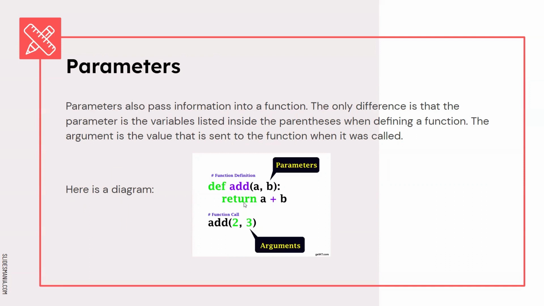You can see a little diagram here. These are the parameters, and when we're calling our function and we have the parentheses again, these are the arguments. The argument is a value that is sent to the function when it is called, and the parameter is the variable listed inside the parentheses when defining a function. So those are parameters and arguments.